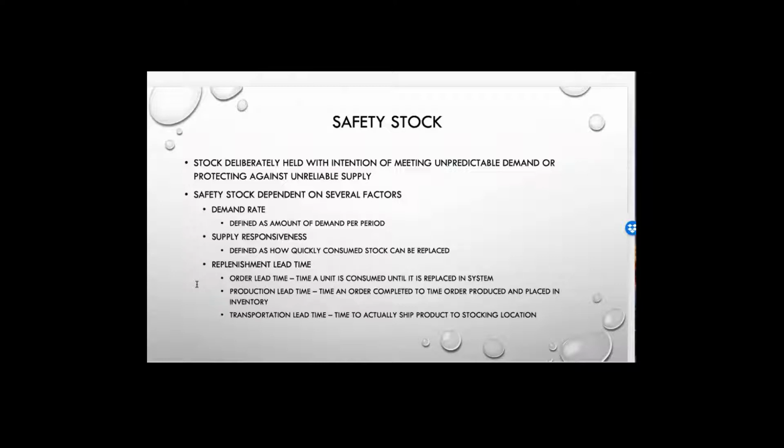So let's say we have a demand of 100 and our variation is 5, and we need to cover against 6 sigma of variation. Well, we'll be 3 sigma from the mean. So we would have 15. So we'd have to have 15 units in our safety stock.